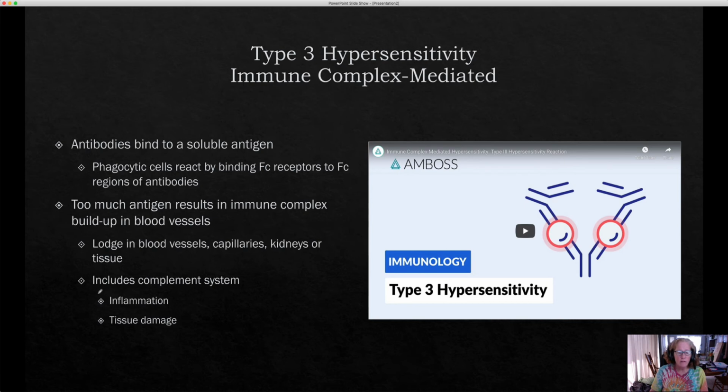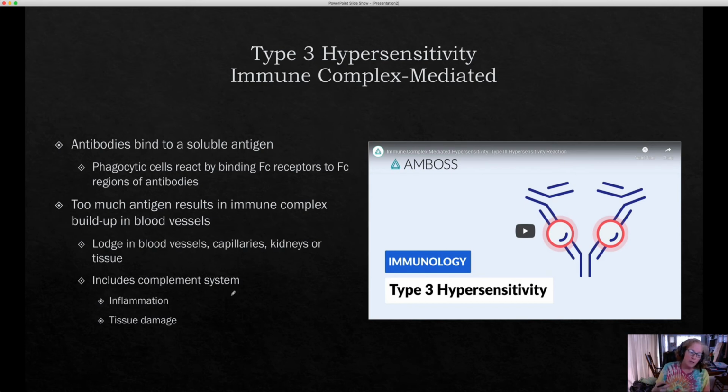They can lodge in blood vessels. They stick to kidney, to the glomeruli. Remember, the kidney is filtrating all of this. Also, they can get trapped and stuck in capillaries. The immune complex here, this is not cell destruction. Cytotoxic was complement destroying cells.